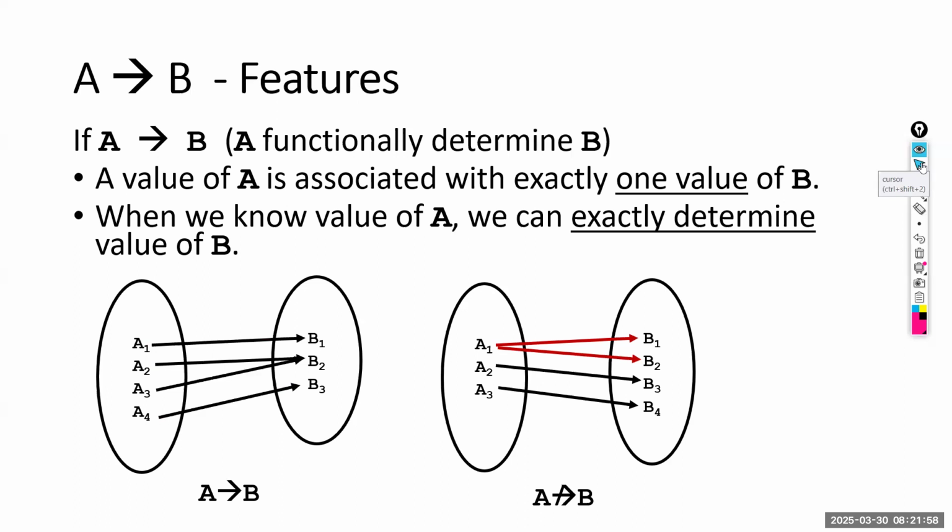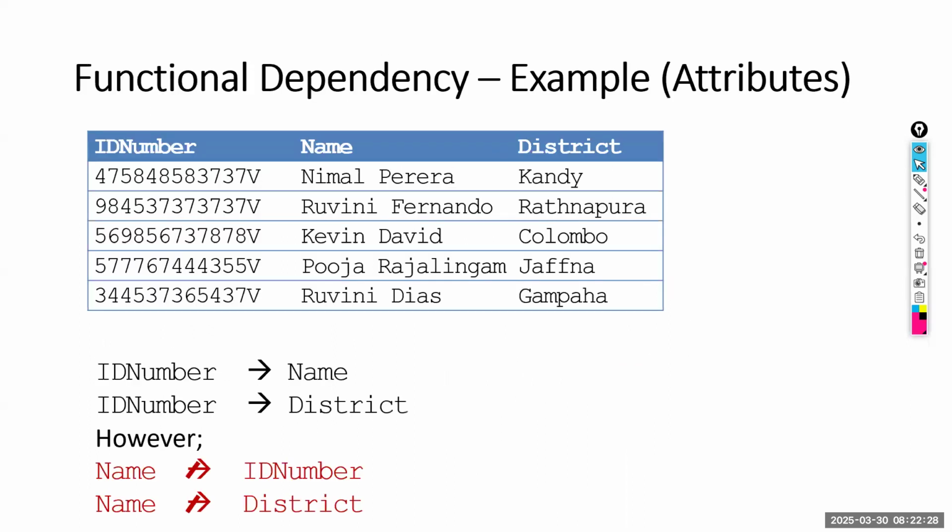No, that is not the case, right? This is science, formal science. If you need to consider that, of course, we will add that to the definition. So therefore, it's very simple definition. A functionally determines B if for one value of A, there is only one value of B. Simple as that. So don't think anything else. If you think anything else, that means your problem.